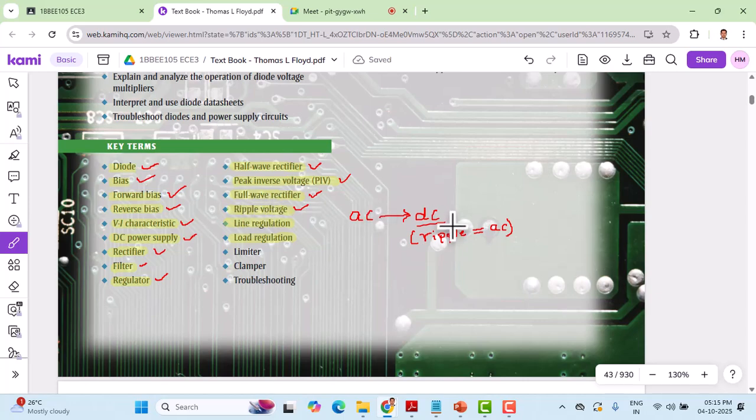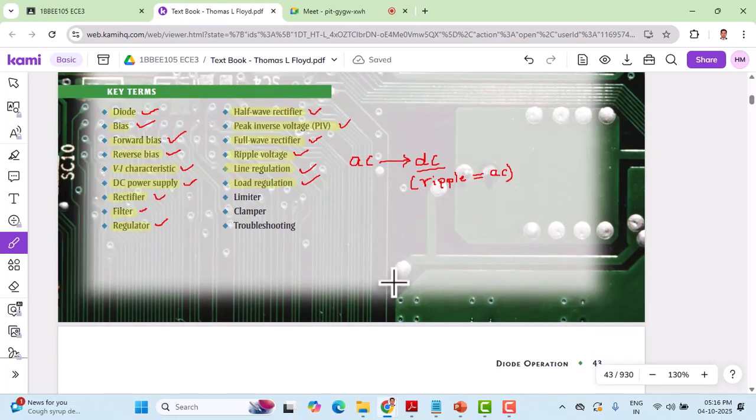If you look at the output of a rectifier, the ripple percentage is higher, but as we move from the rectifier to the filter, the amount of ripple keeps reducing. Then the two performance measurements of regulators are line regulation and load regulation. We need to calculate these two regulations with reference to the regulator topic. So these are the various key terms and definitions one needs to be aware of before we start discussing the different applications of PN junction.